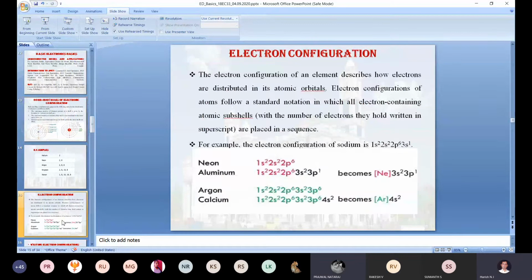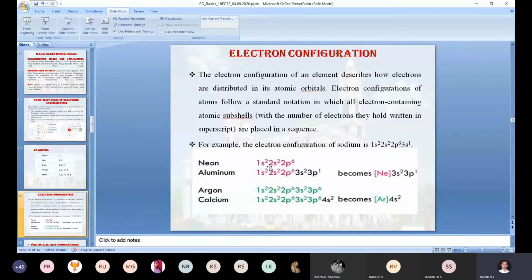Exactly. Now just take this example for neon: 1s2, 2s2, 2p6. How many electrons are there for neon? 6 plus 2 is 8, 8 plus 2 is 10. Am I correct? Yes, sir.